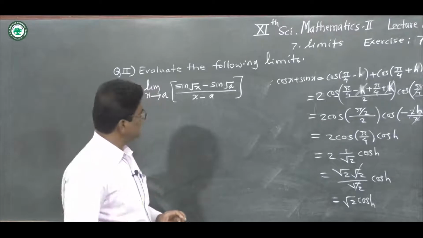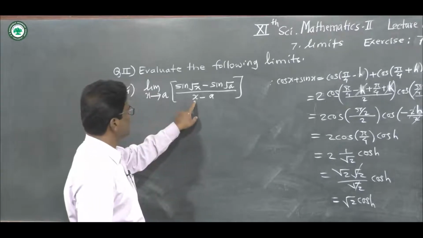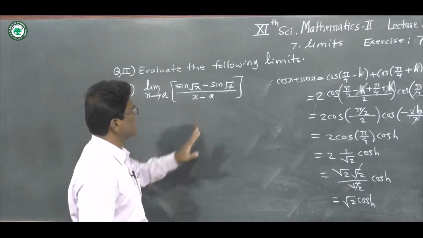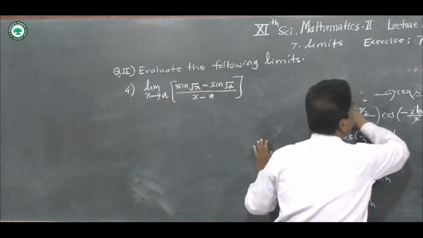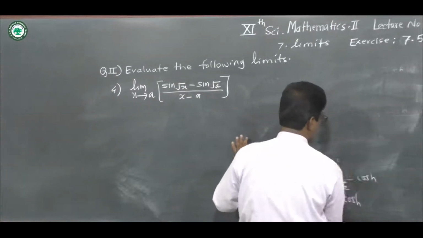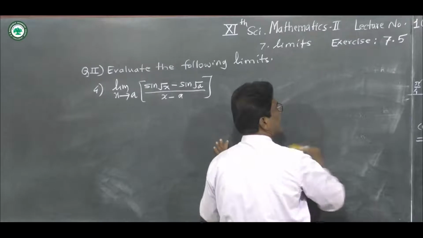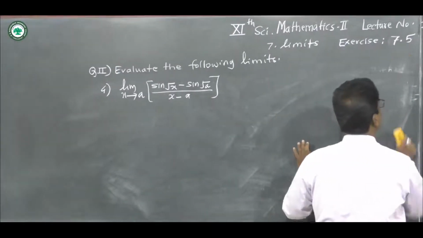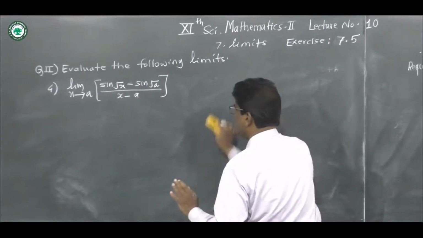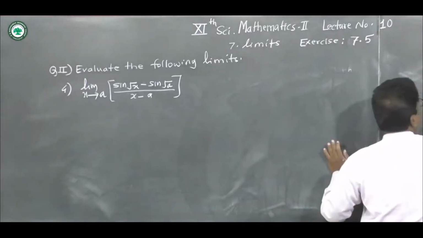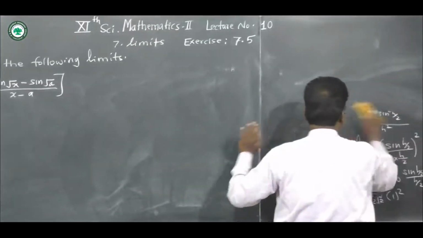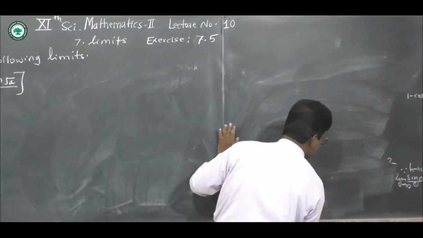Now to solve this problem, here if we put x as a, x minus a is 0, denominator becomes 0. Also in the denominator there is subtraction of x and a. So we use here substitution method. But here we use substitution method twice.